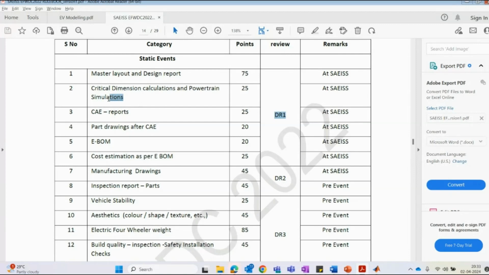And simulations. Try to use simulations, possibly, for component selection. We selected one point and calculated the total power required, but you can also use simulations to understand realistically what power is required.